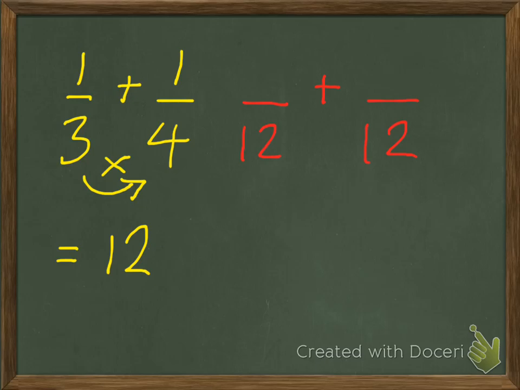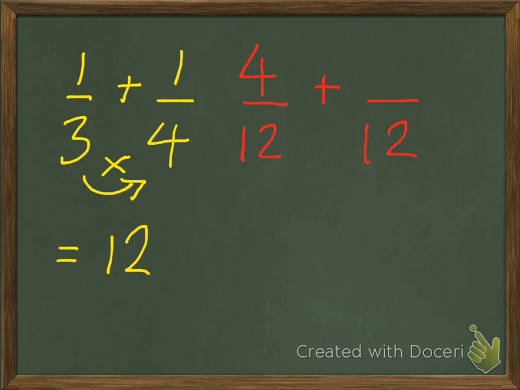What do I have to do to get 3 to become 12? Well, I times it by 4. So whatever I do to the bottom bit, I must do to the top. You'll recall this from the equivalent fractions video. So it becomes 4. If I want a quick check to make sure that I've got that right, 4's into 4 go 1, 4's into 12 go 3. That's the same as this fraction here, so that's okay.